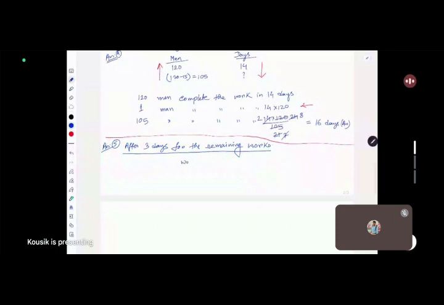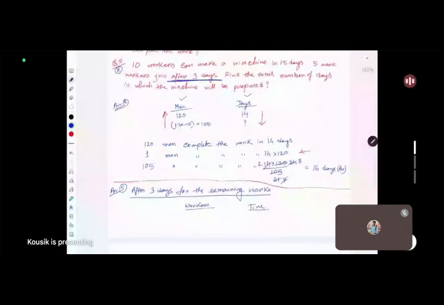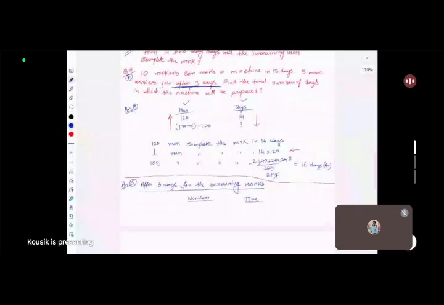The workers, time, number of workers. If the number of workers is unchanged, that means if the workers are 10, then the remaining work will be completed in 15 minus 3, that means 12 days. Always remember the whole problem arises for the remaining work, that is very, very important. This happens for the remaining work, not for the whole work.